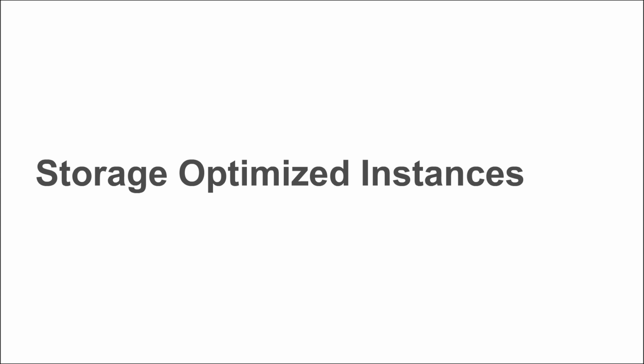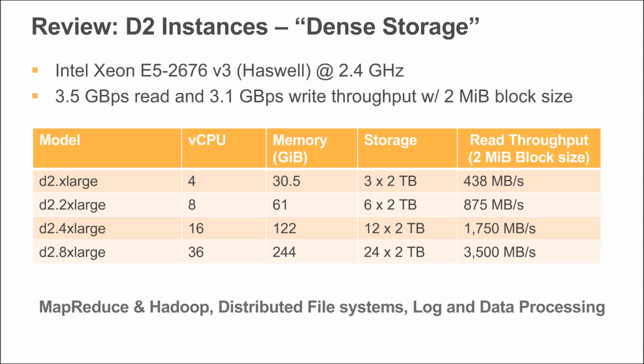The next set of instances that we're going to cover are our storage optimized instances. The first storage optimized instance is the D2, and the D in D2 stands for dense storage. These D2 instances are filled with high capacity magnetic disks, and they're an excellent choice if you're building a distributed storage system that needs a large amount of local storage or streaming throughput.